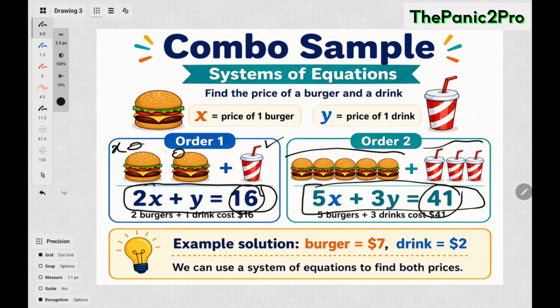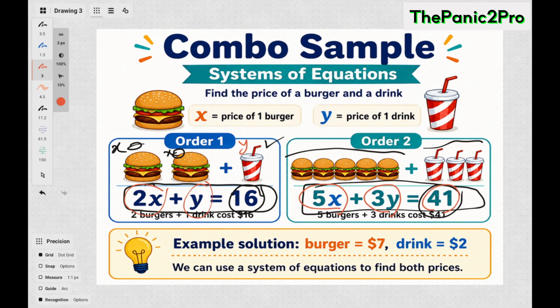If I call the price of a burger x, and the price of a drink y, I have 2x plus 1y priced at $16 and five burgers plus three drinks at $41. How much is the price of each burger and each drink?